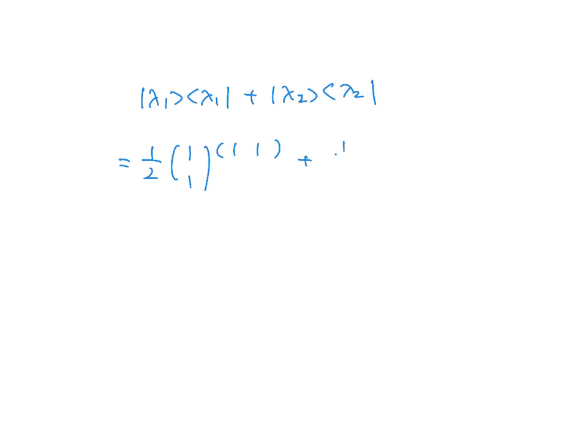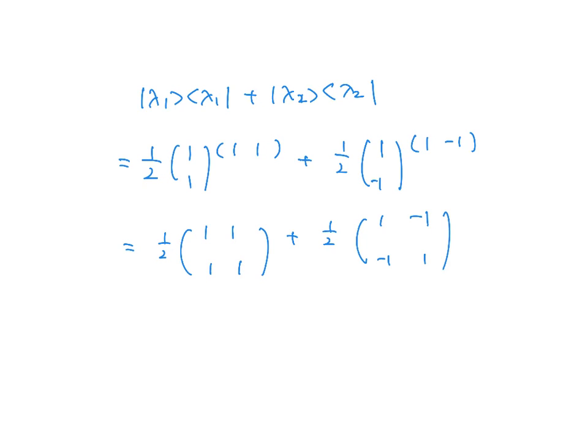Remember that? The outer product of lambda 1 is 1/2 times the matrix [1 1; 1 1], and the outer product of lambda 2 is 1/2 times [1 minus 1; minus 1 1]. If we add them together, what happens?